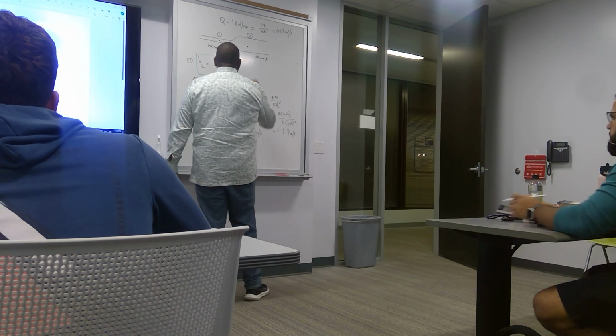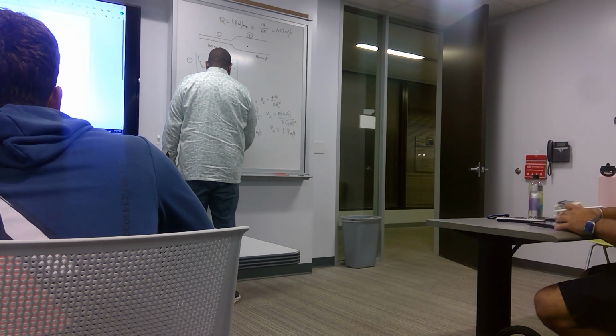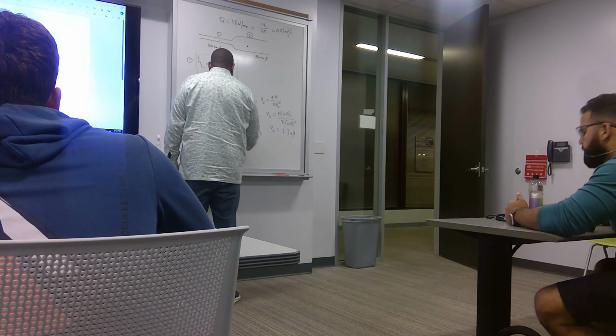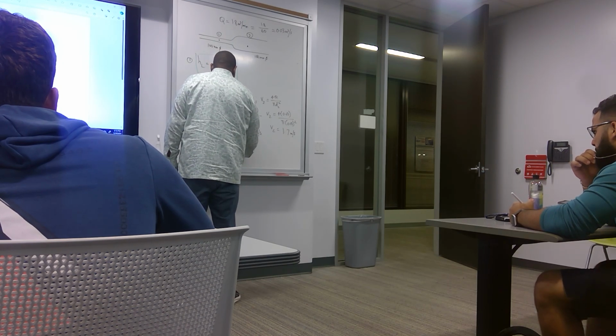So our head loss HL is V1, which is 3.82, minus 1.7, squared, on 2 times 9.81.